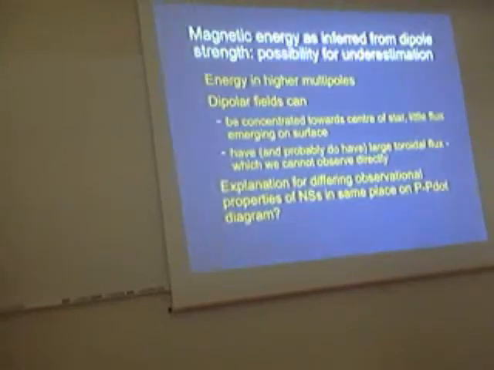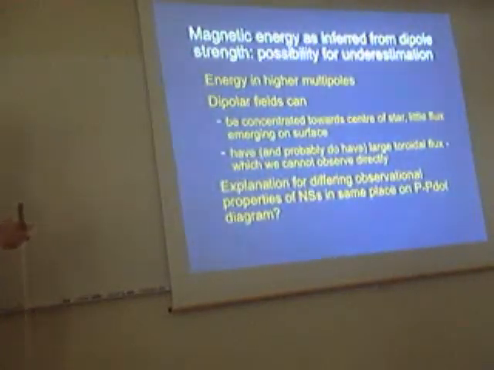And another reason it's interesting to ask about the ratios of these two components is that, especially in neutron stars, you're observing just the dipole component. But there are various reasons why this might be an underestimate for the total energy. One is that you might have a non-axisymmetric equilibrium, so you've got energy in higher multipoles. If you do have a roughly dipolar field, then you can have the energy concentrated at the centre of the star.